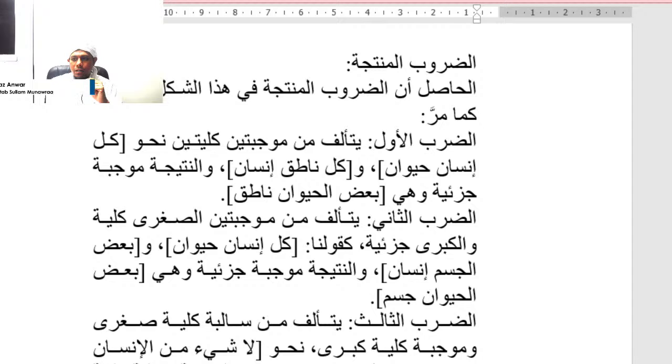And then the second one he mentioned: min mujibataini surah kulliya wal kubra juz'iyya. So we have 2 positive statements, the first being universal, the second being particular. The first premise is universal, the second premise is particular, but both are positive sentences.